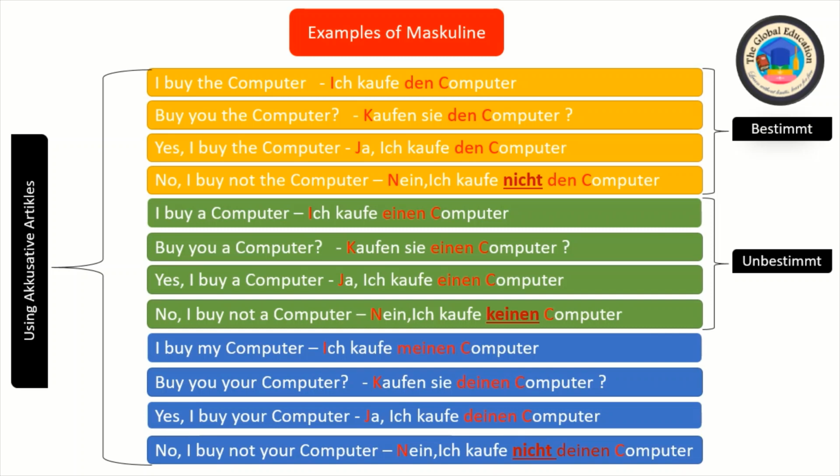Computer has the article der, and we use ein, but here in accusative form we add en at the end, so einen Computer. And these are for the possessive articles, like meinen, deinen, und so weiter. Computer has the article der, which means masculine form. So in masculine form, when we use the accusative article, then en is added at the end. So dein will be converted into deinen, so deinen Computer.